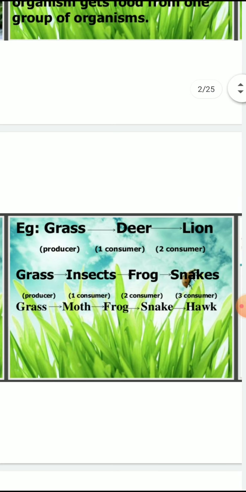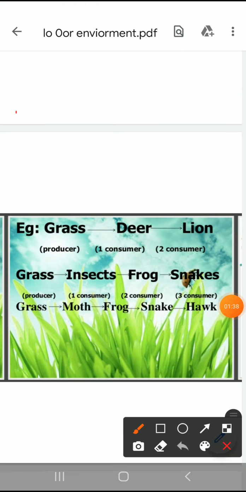Now let's take an example of a food chain. Suppose there is a field having a lot of green plants, the producers of food, because food producers are always green plants.